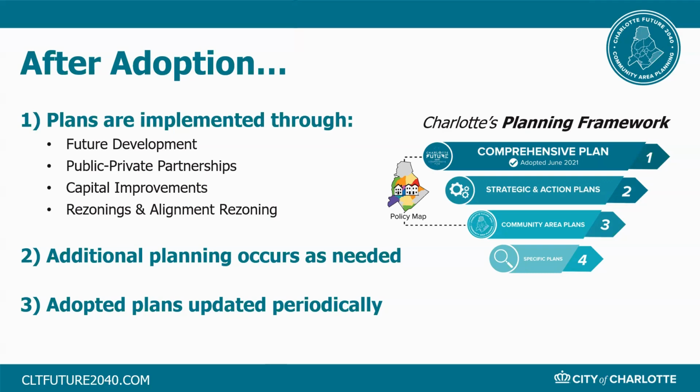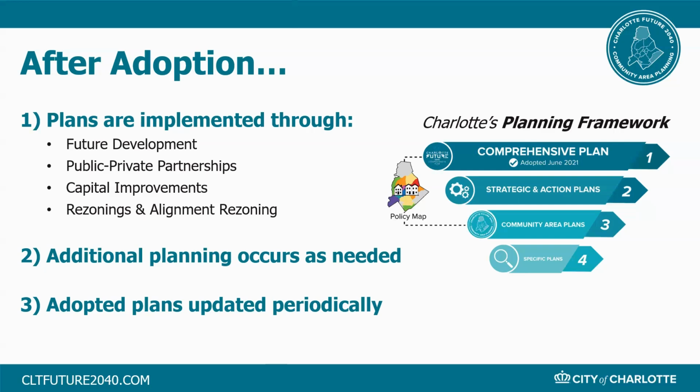Community area plans are an important component of Charlotte's planning framework, but they are only one tool in our toolbox. We also have specific plans in the toolbox which focus on smaller geographies and are more implementation focused. We have the ability to develop this guidance if and when needed across the city.